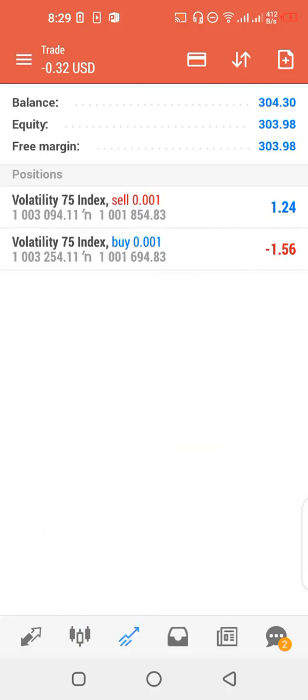I'm going to set hedge trades for the two. First is a sell trade at 1003094.11. So for that sell trade, I'll be having a buy stop.